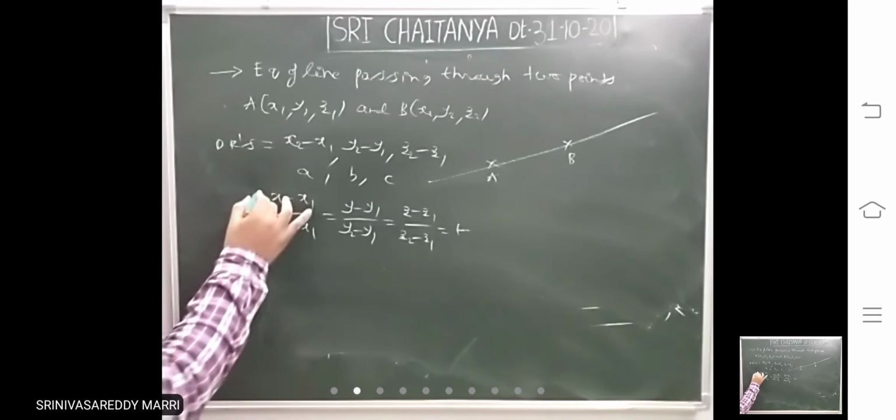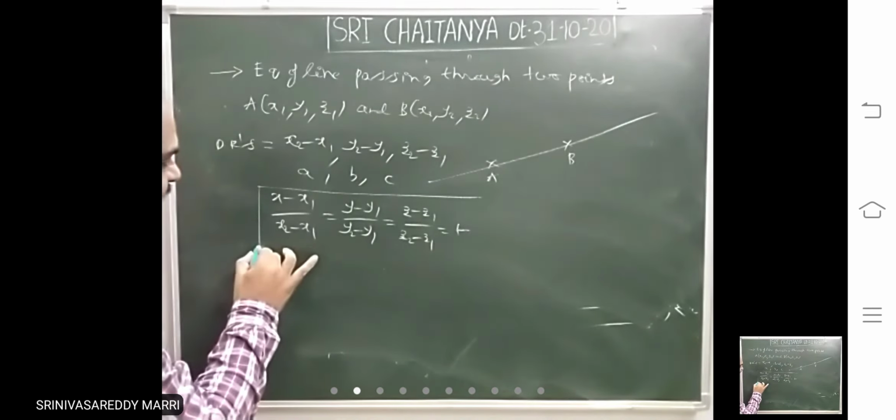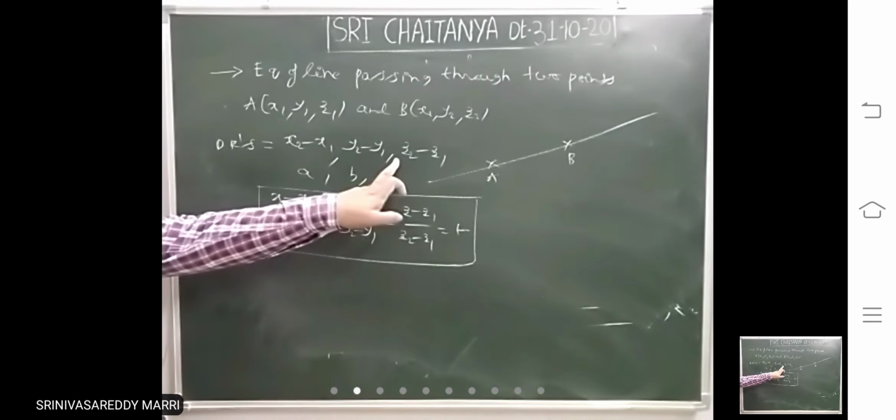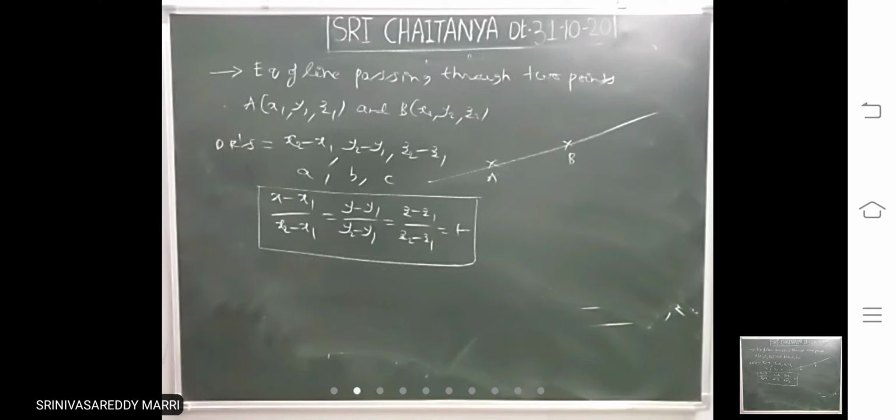This is called the 2-point form. You can directly write this formula or follow this method: find out A, B, C, take one point and write the line. This is called the 2-point form, if two points are there on the line.